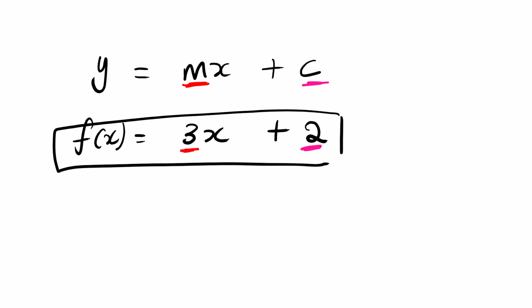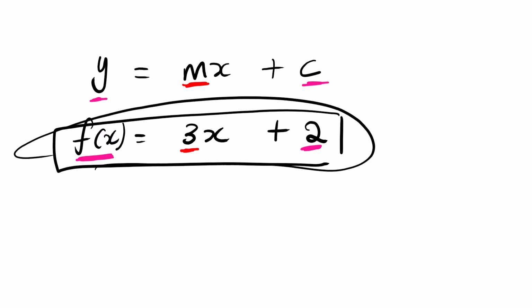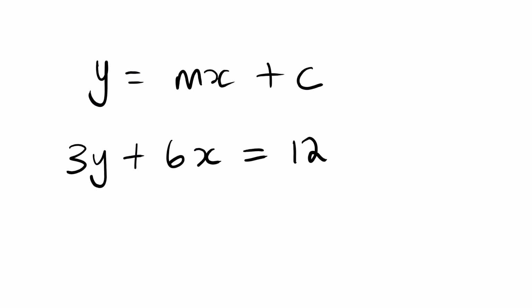Now you can see instead of y, we are using the notation f of x. This simply means that we are labeling this equation or this function as f. So don't be confused, f of x is the same as y, which is our output.